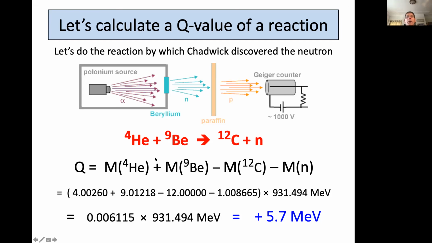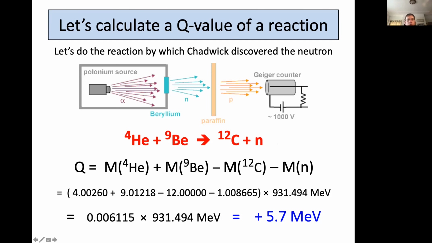Anyway, here we go. What is the gain in energy between the initial state and the final state when I take helium plus beryllium and make carbon plus a neutron?